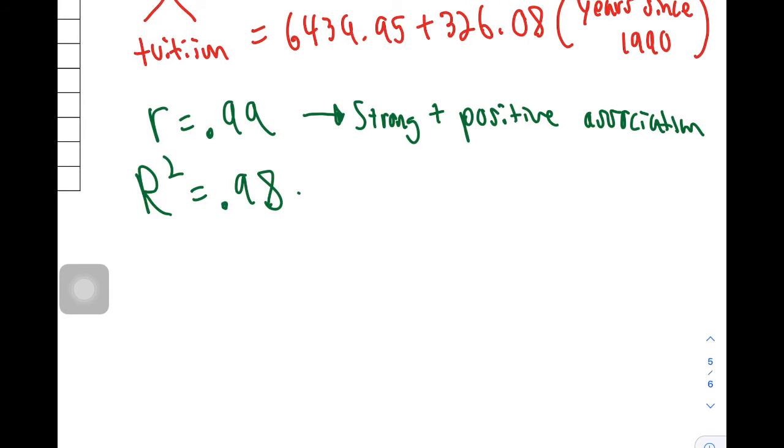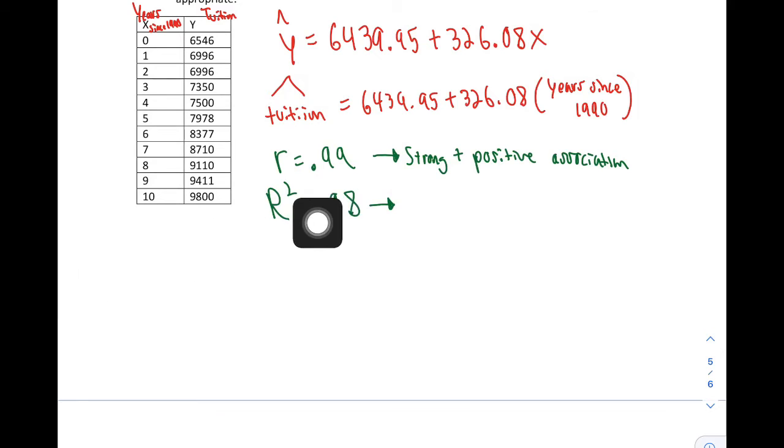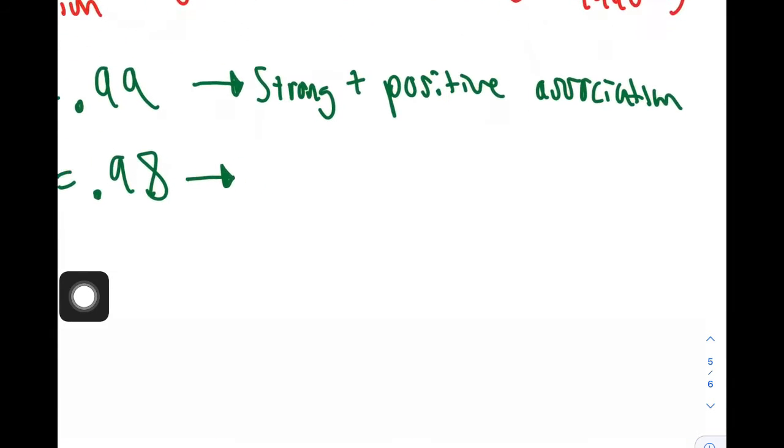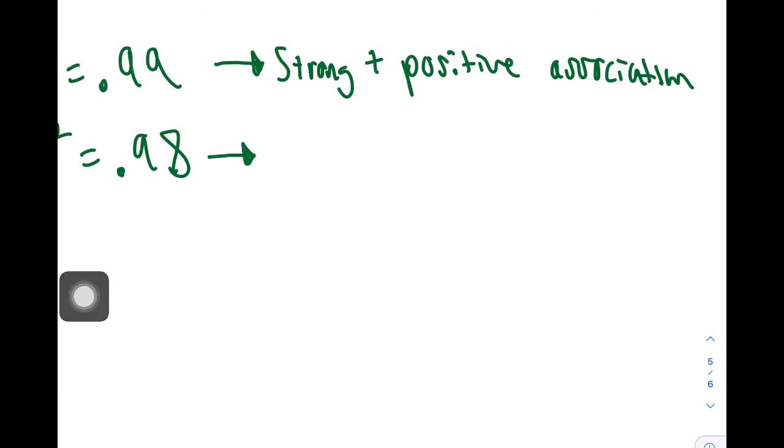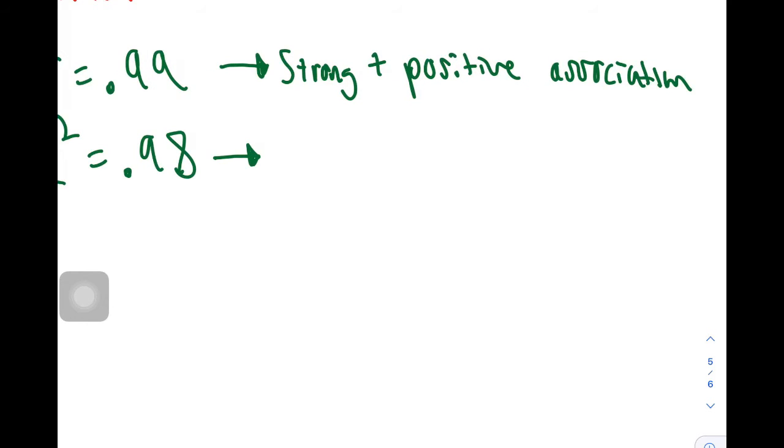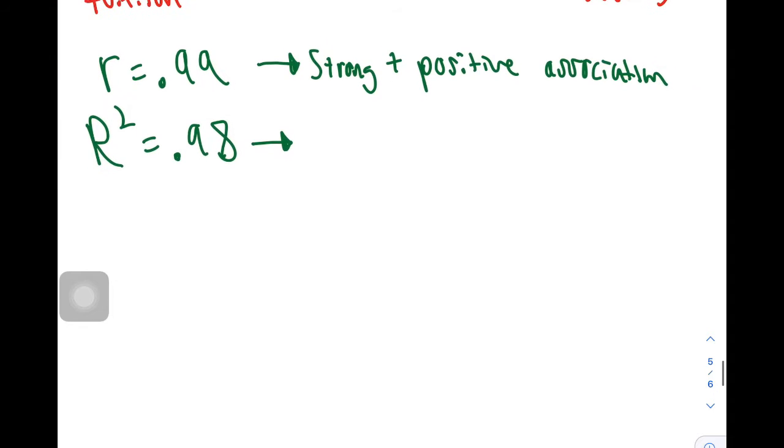And what does our R-squared value tell us? Well, this is the really strange thing in statistics. It tells you one sentence, and I don't want to get into explaining what the sentence does. It's a cookie cutter formula. I've asked many stats teachers in the past, why do we even teach this? They don't know. So we just do it until it stops showing up on the AP test. This R-squared value is 0.98, but remember, we'll always see it as a percent.